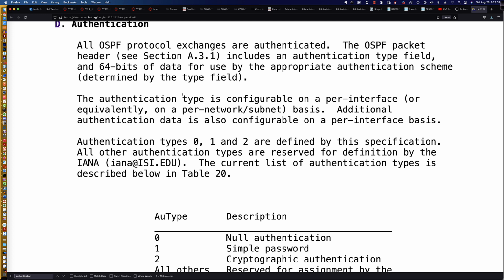It is not encrypting the OSPF traffic. And with OSPFv3, it can be a little confusing because with OSPFv3, we sort of embrace and implement the IPsec suite of encryption protocols, which is different from what we're doing here.